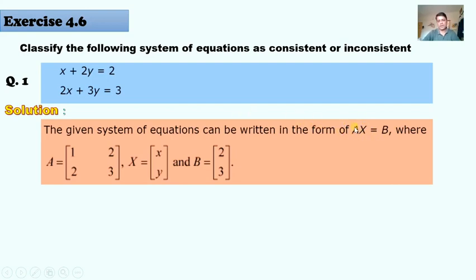A is all the coefficients of the variables on the left hand side, and B is all the constants on the right hand side of the equation.